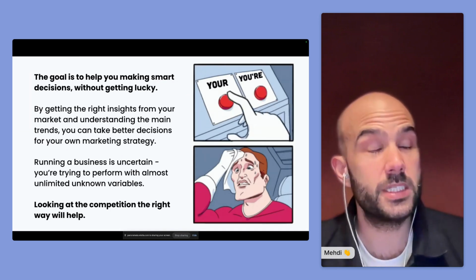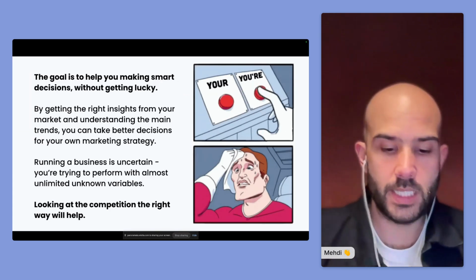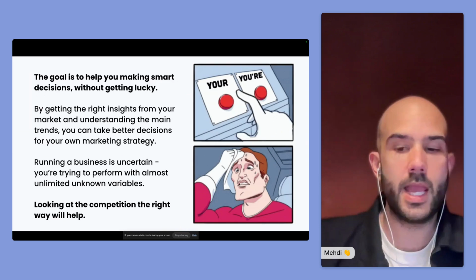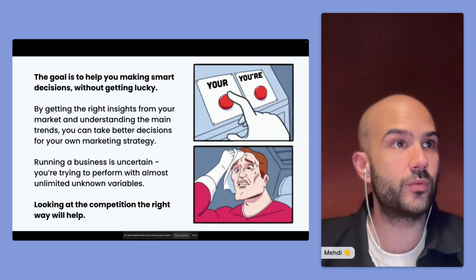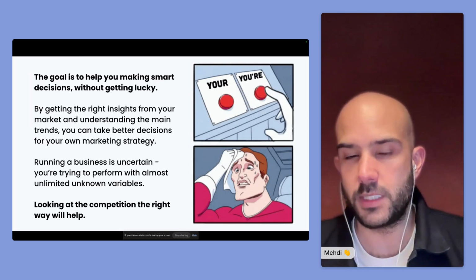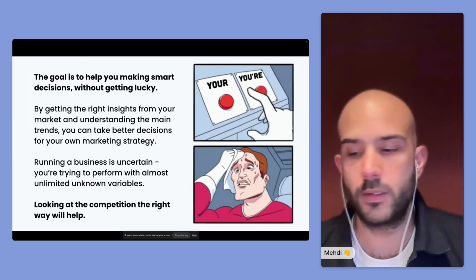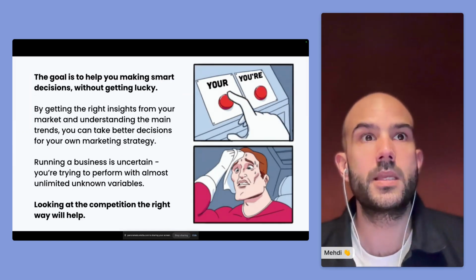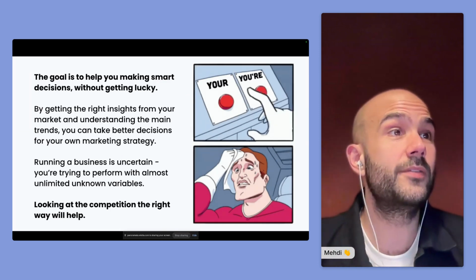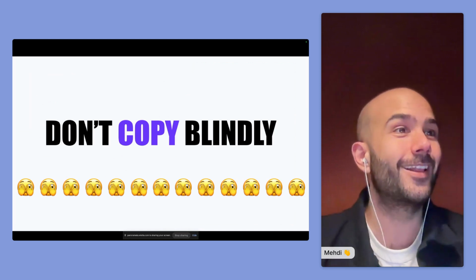Competitive intelligence data has its role there, so that when you say you want to create this kind of creative or this kind of campaign, you can actually say, I know this has a higher chance of working than this other campaign, because I've seen competitors doing this, or I've seen other players in the space, not direct competitors but targeting the same audience, doing this successfully, and they insisted on it. This is where competitive intelligence can really help you make those smart decisions without getting lucky.